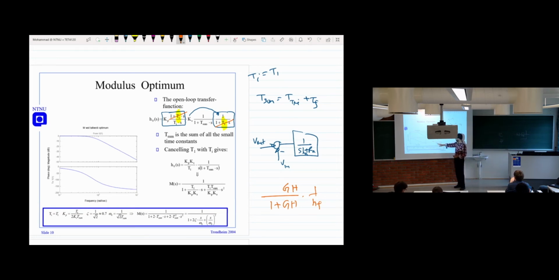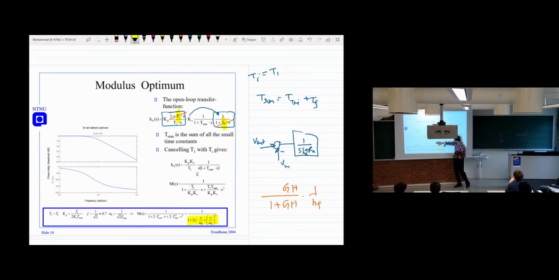We see that our closed loop transfer function is a standard second order transfer function, and we have this characteristic equation. Once you have the characteristic equation of the second order transfer function, we know the standard form of this transfer function, which is this one here.